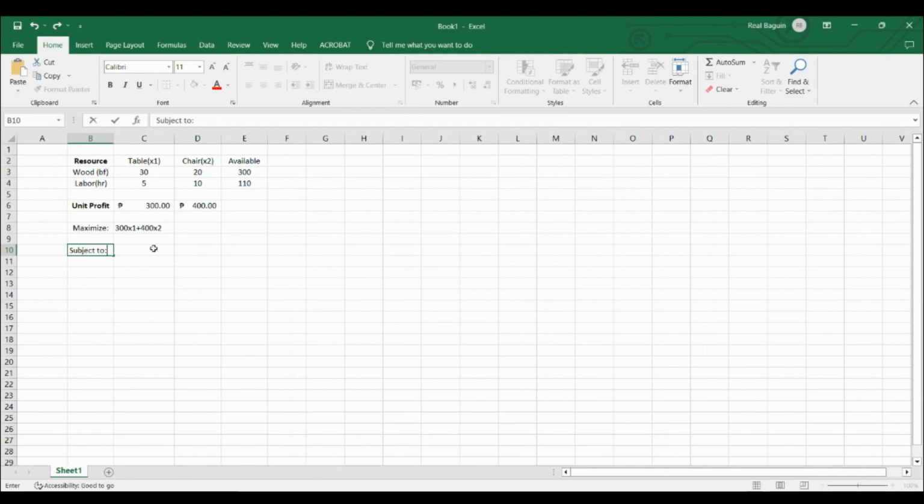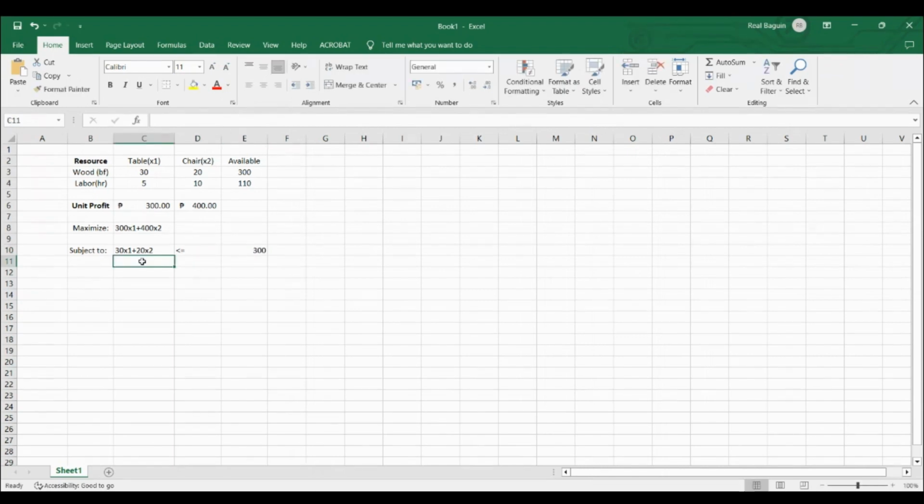We have 30 x sub 1 plus 20 x sub 2 less than or equal to 300.